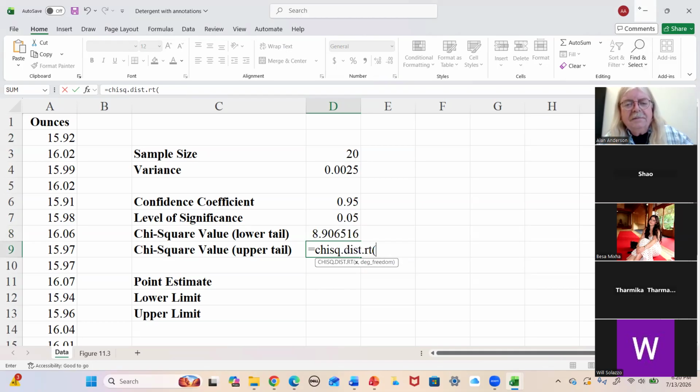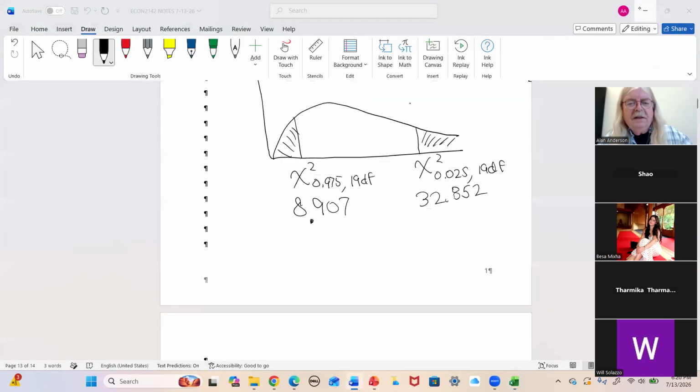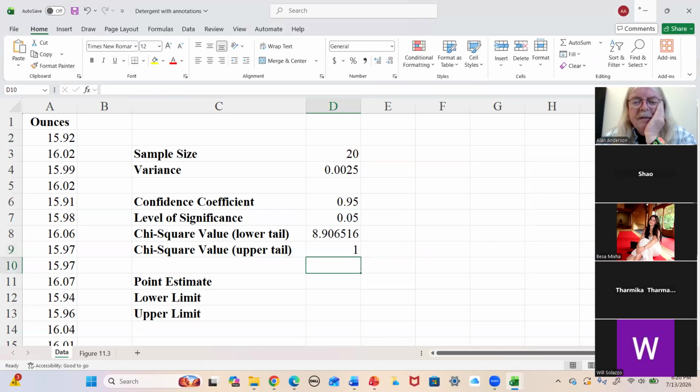So X is, again, alpha over 2, meaning D7 over 2. But the right tail, the degrees of freedom, that hasn't changed. It's D3 minus 1. Oh, now something's not right, obviously.